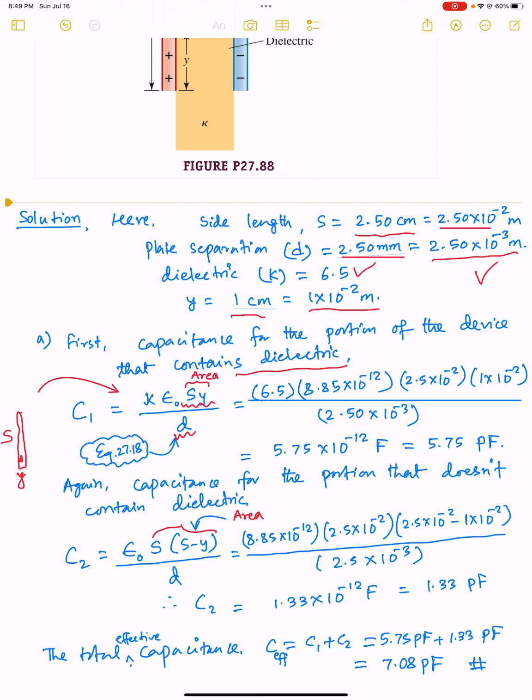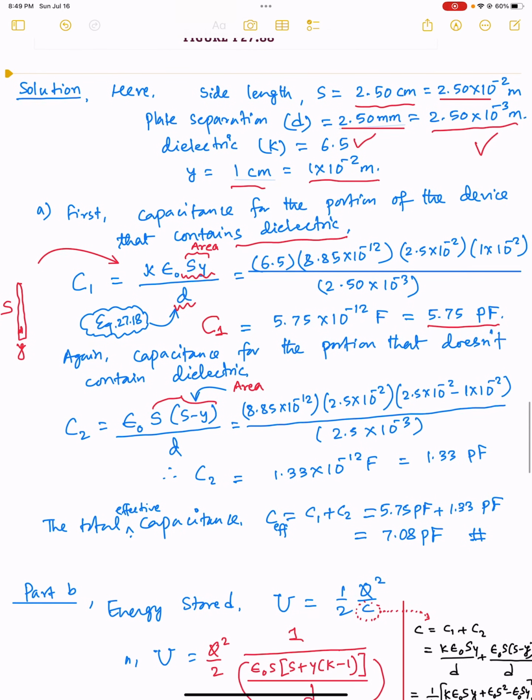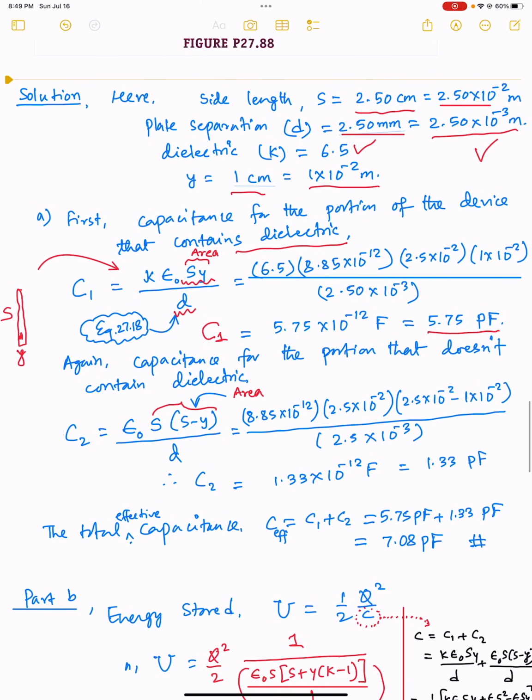So you will be able to find out the capacitance of the portion of the device that contains dielectric, which is 5.75 picofarad. And similarly, we can find the capacitance for the portion that doesn't contain dielectric. You can obviously think about that.